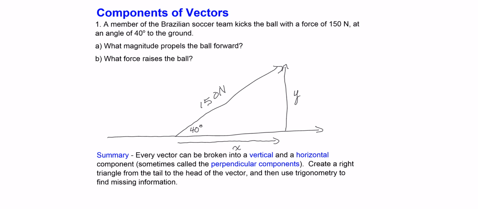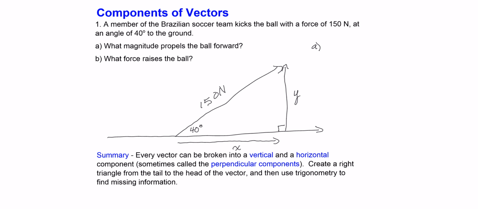So the x direction force and the y direction force. For A, in order to calculate the x direction force, you've got to notice that this forms a right triangle. Remember, there are two orthogonal forces, one that pushes up for the ball to go upward, and one that moves it downward.